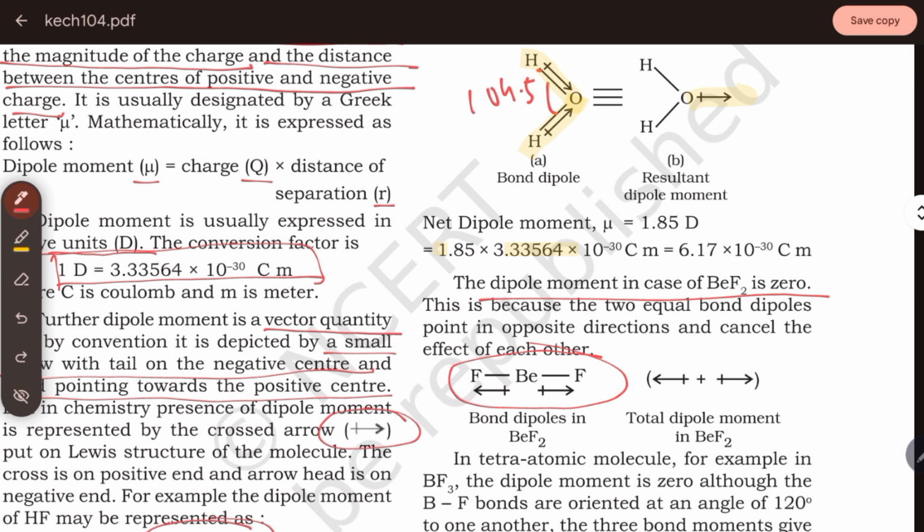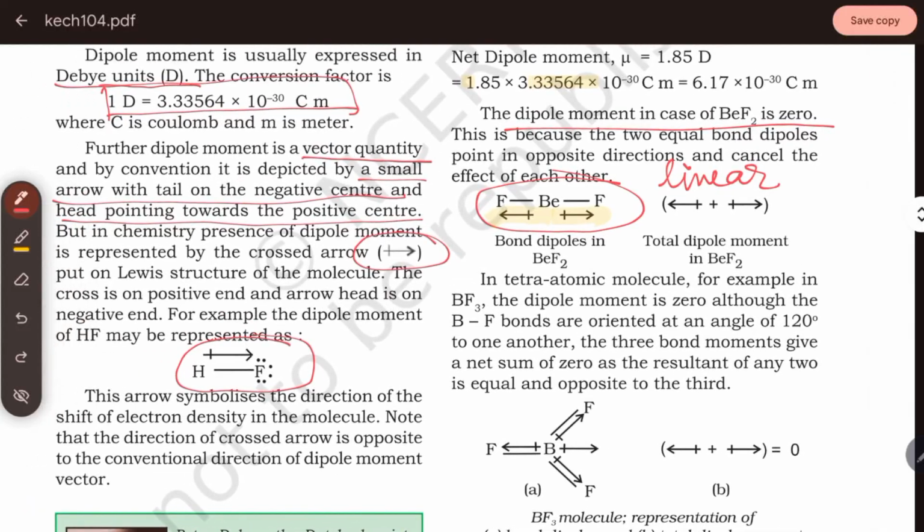But as of now, consider that H2O has a bent structure and BeF2 has a linear geometry, for which the individual bond moments are equal in magnitude but opposite in direction, so the total dipole moment becomes 0 because they cancel each other's effect.